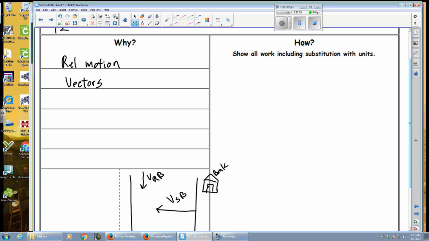So let's see. What we're going to actually have is, guys, velocity of the swimmer with respect to the river plus the velocity of the river with respect to the bank will equal the velocity of the swimmer with respect to the bank. Right?